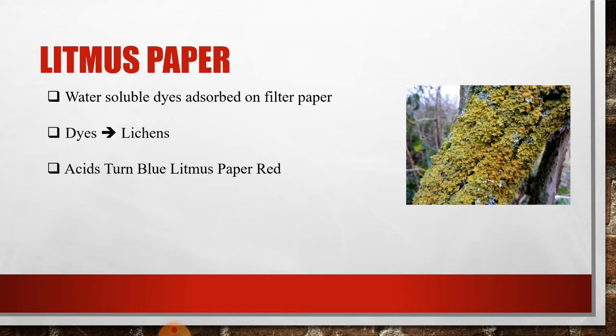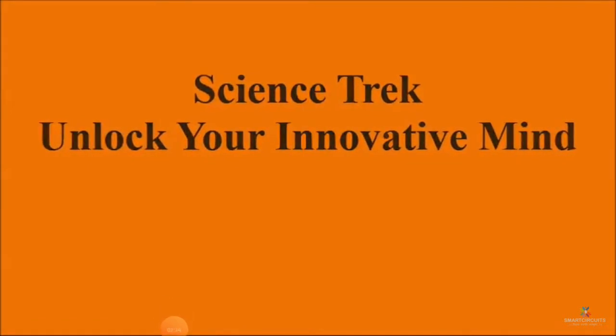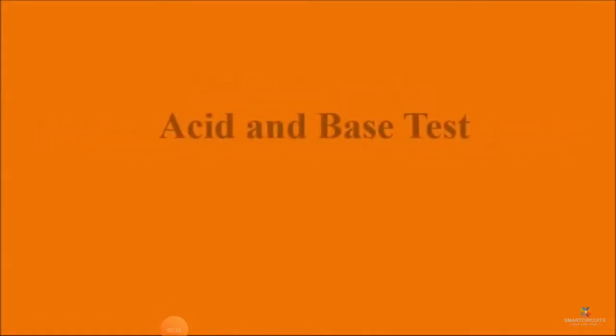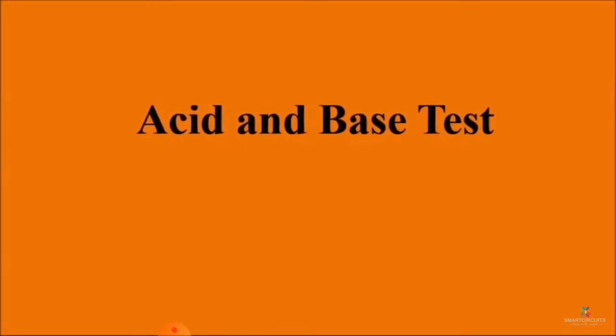So we have read before that acids turn the blue litmus paper red and the base turns the red litmus paper blue. So we will understand this turning of litmus paper into red and blue with the help of a video. So in this video we will conduct an acid and base test.